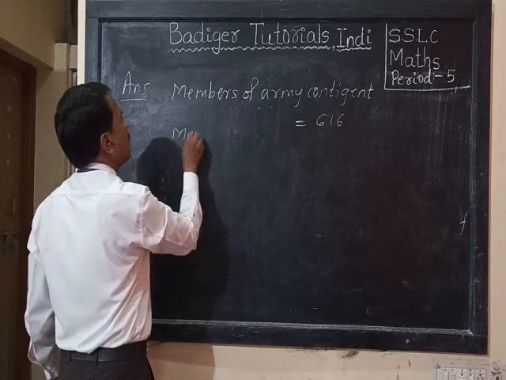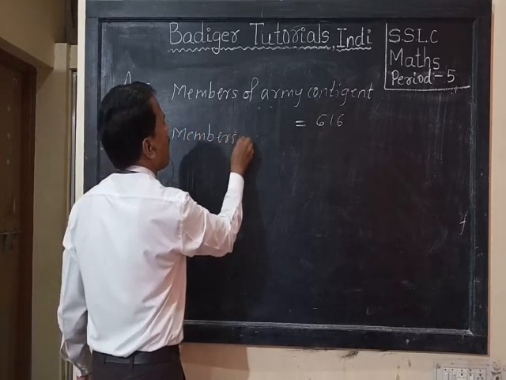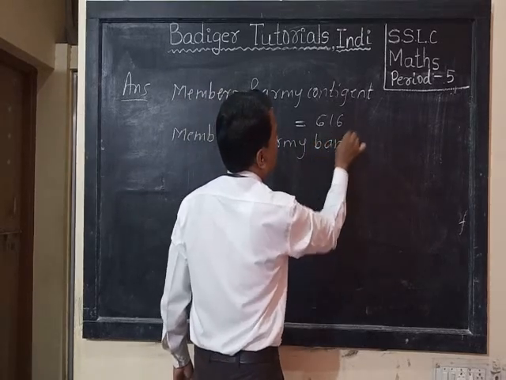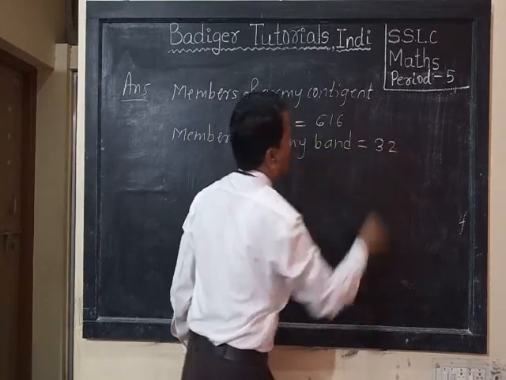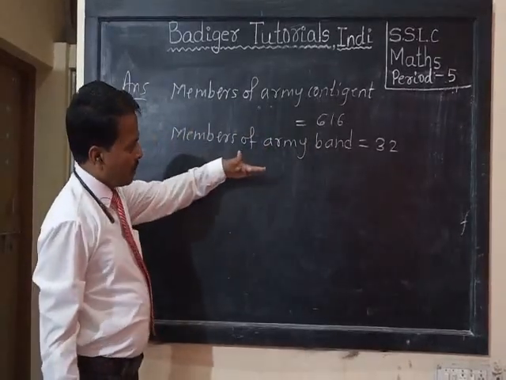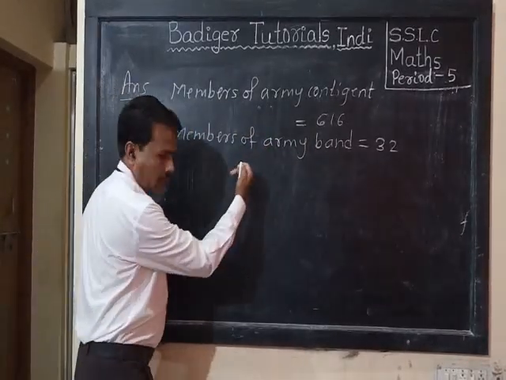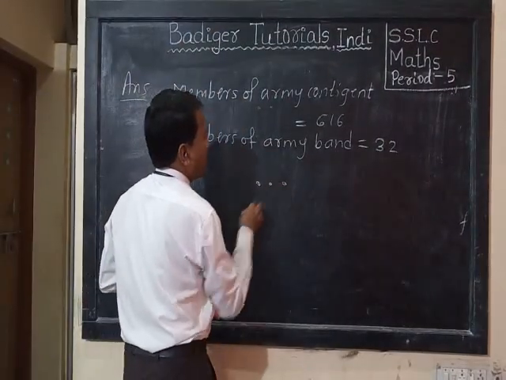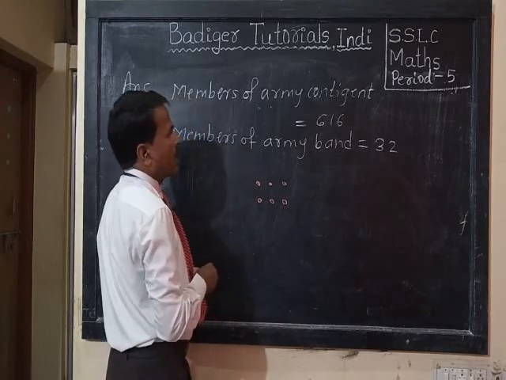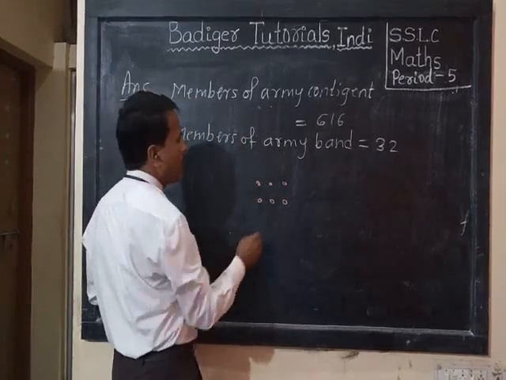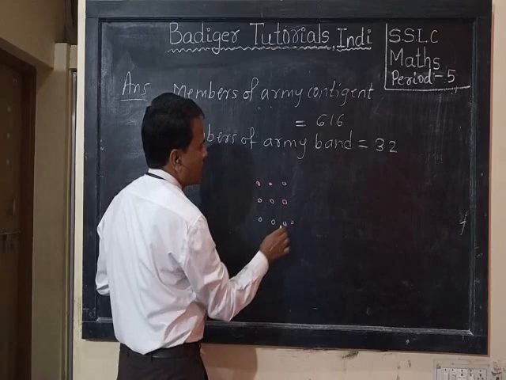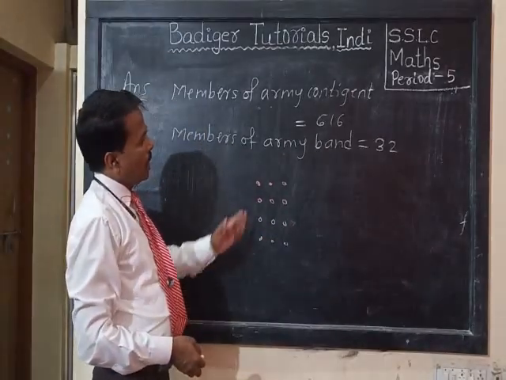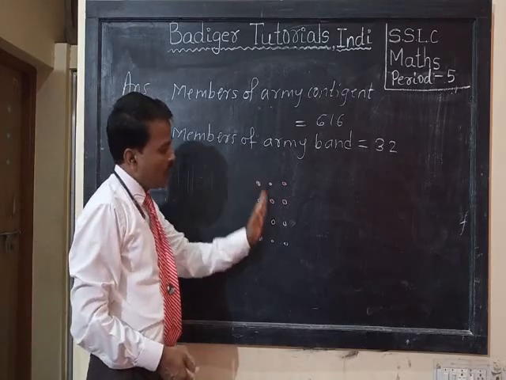The members of the army band are 32. So the members of the army band should stand in the front row, say like this way they should stand. Then the members of the army contingent should stand next to them. But the question here is, in maximum, in how many columns can they stand?